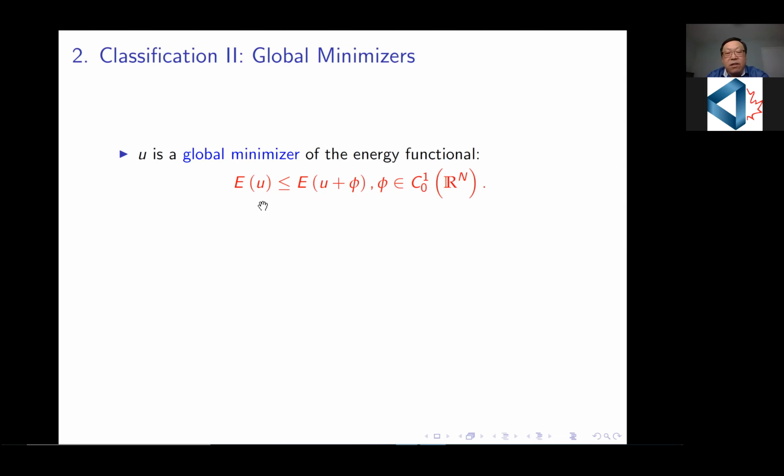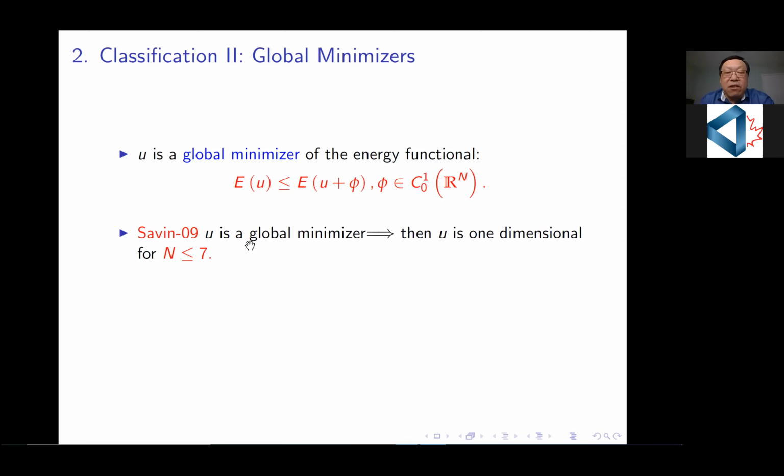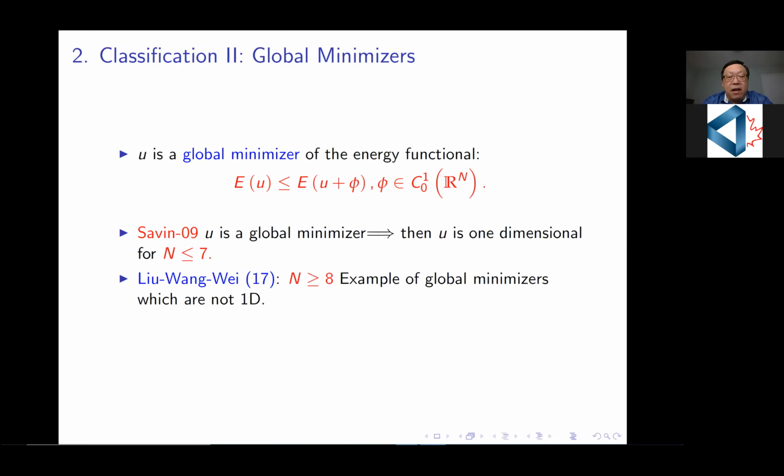Savin, in his 2009 paper, proved that if U is a global minimizer, then necessarily U is one-dimensional, for n less than or equal to 7, not 8. And 8 years later, with Yong Liu and Kelei Wang, we proved that Savin's result is optimal.